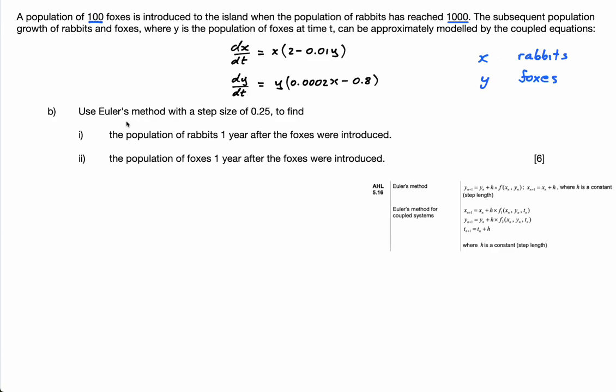It then says use Euler's method with a step size of 0.25 to find the population of rabbits and then the population of foxes 1 year after they were introduced. This is Euler's method for coupled systems. I argue this is a fairly straightforward question once you know how to do it and have practiced it a number of times, because you've 6 marks here, which means about 6 minutes.